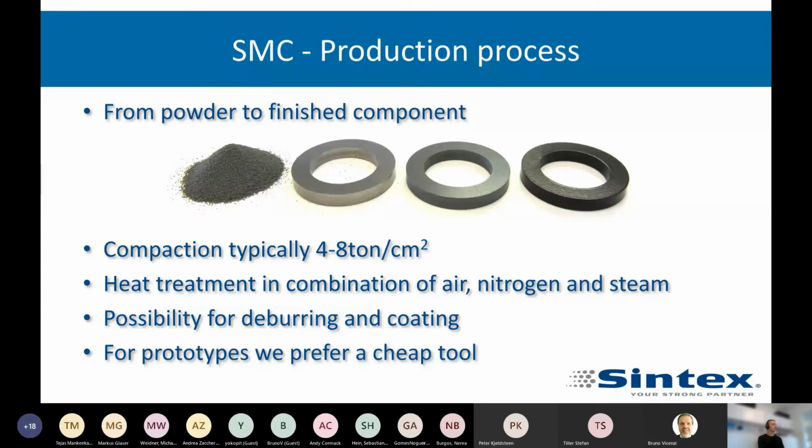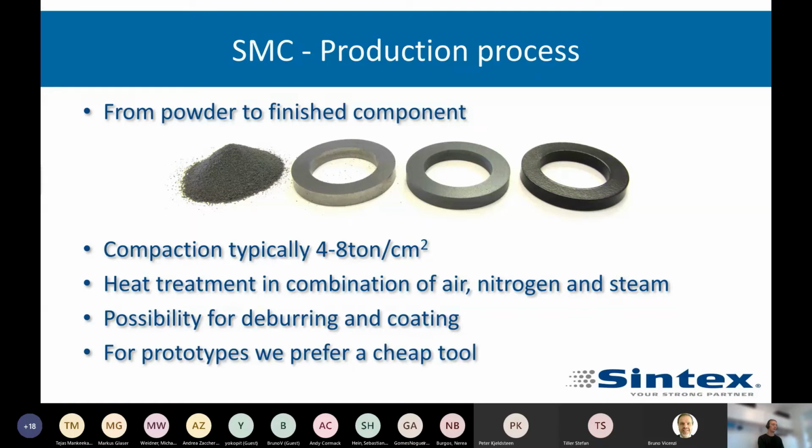From powder to finished components, you can see the four steps here. We have the powder, and then we do a compaction, typically between 4 and 8 tons per square centimeter, and normally in the bigger end of this range. Then the heat treatment, in combination with air, nitrogen, and steam, depending on the materials and whatever you want to tailor your materials for.